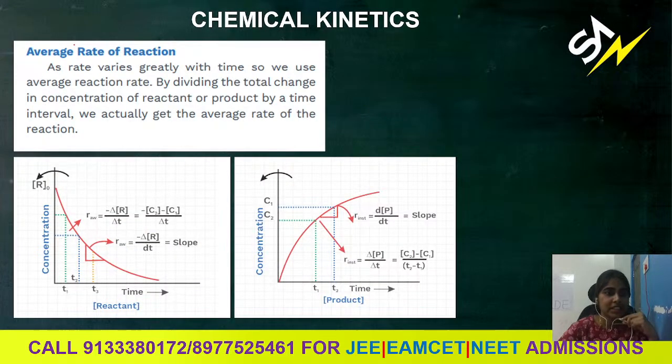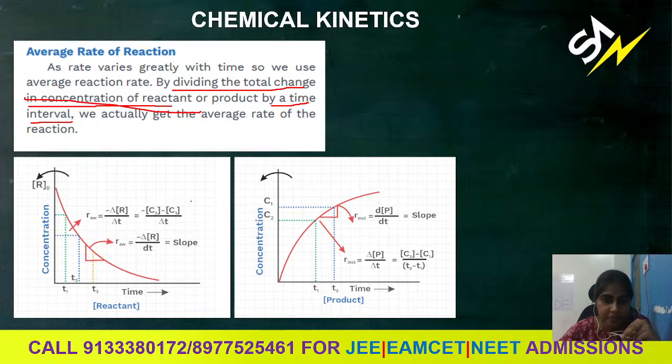Okay, now let's see average rate of reaction. What do we mean by average rate of reaction? It is obtained by dividing the total change in the concentration of a reactant or a product by a time interval. Here we are taking the change in the concentration of the reactant or a product.